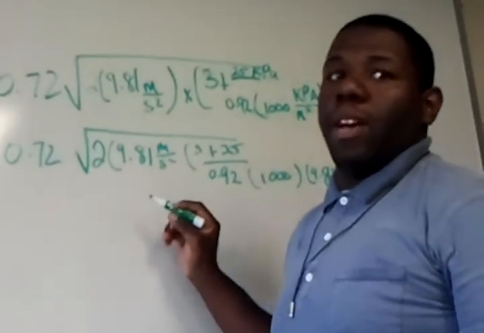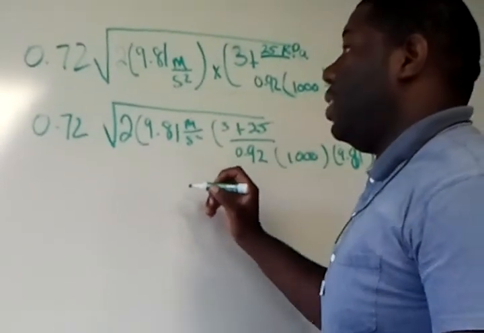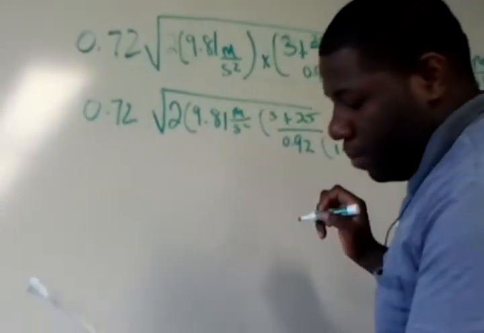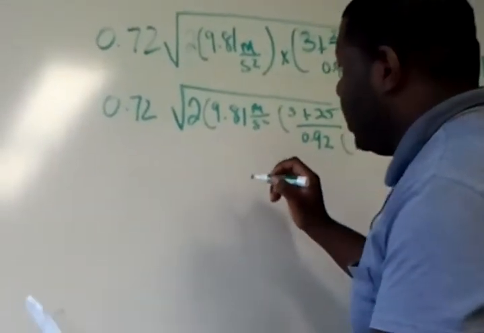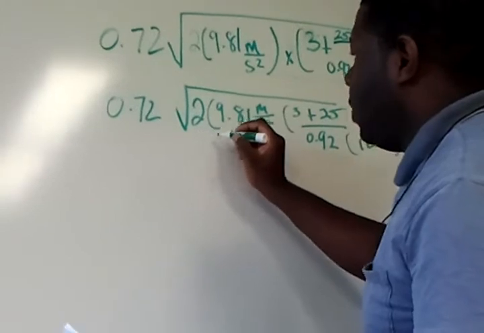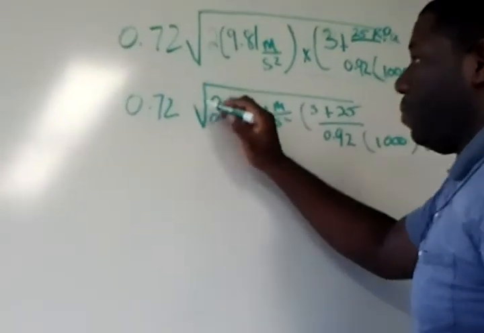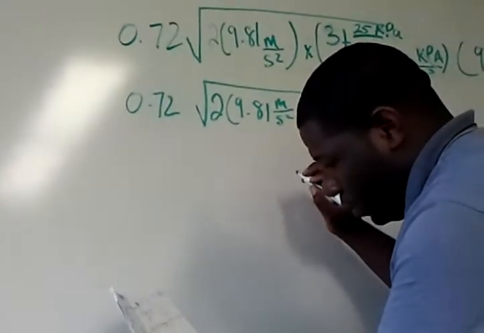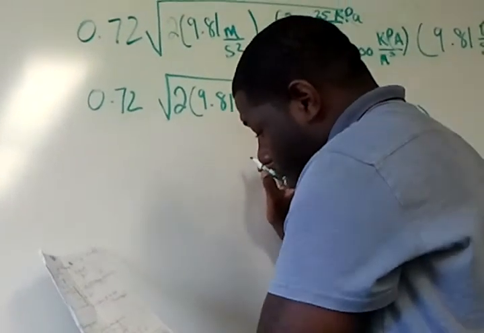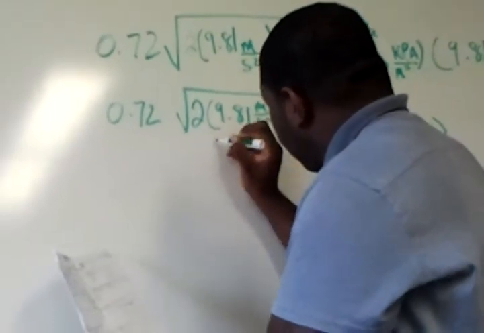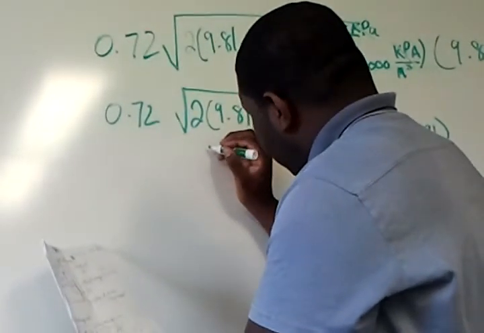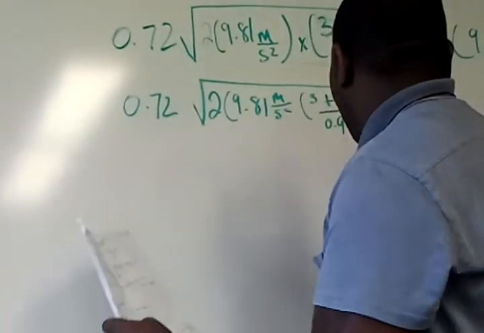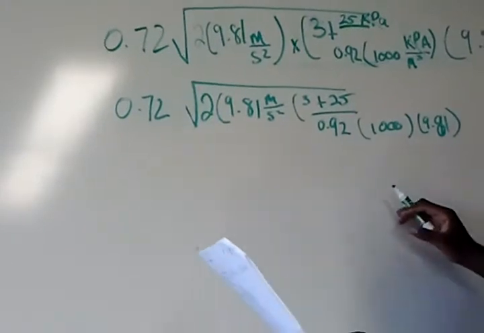In this class we use a calculator, so I'm not going to do all the math longhand. I'll just show the next step. The next step would be to start at the lowest point inside of the square root bracket. Oh, I've already done it.